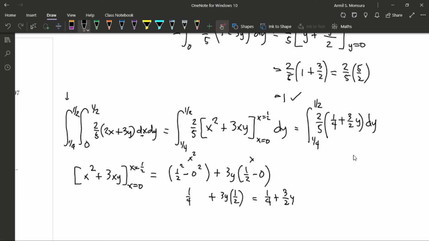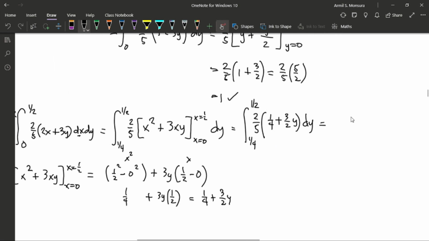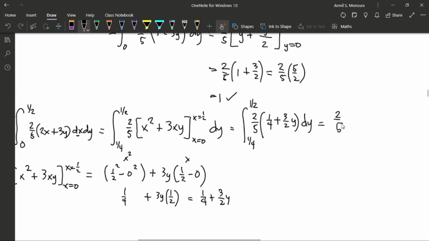So, again, pag in-integrate natin to, labas natin muna si 2/5. Okay? And then, the integral of 1/4 dy is 1/4 y. Okay? Plus 3 times y squared, okay, over 4. Kasi magiging y squared over 2 yun, then multiply to 2 dun sa ilalim, magiging 4 yung denominator.